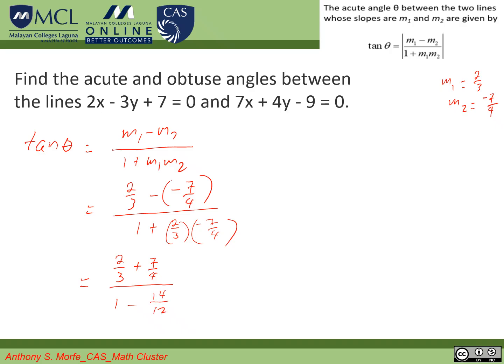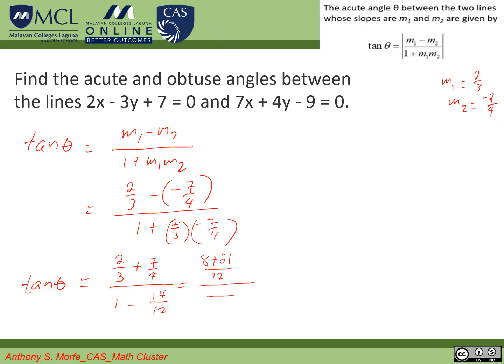Okay, so you can use your calculator, class, to get the values, or without using a calculator, that's okay. You can do it like this. Find the LCD. LCD is 12, so 12 divided by 3, 4 times 2, 8, plus 12 divided by 4, 3 times 7, 21.